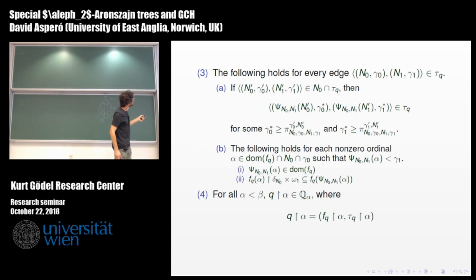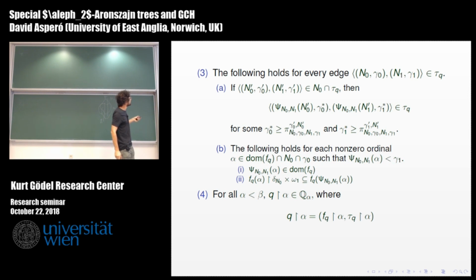Now going back, so this was the copying. We were in this condition 3. That was for the side condition, and for the working part, well, what you would expect. You take an alpha in the domain of f, which is in n0, and it's below gamma 0, psi of alpha is less than gamma 1.